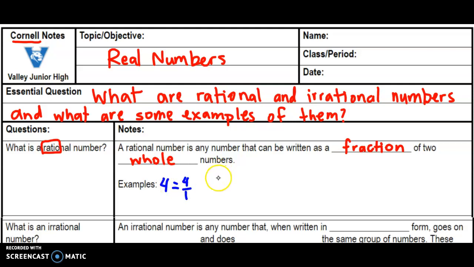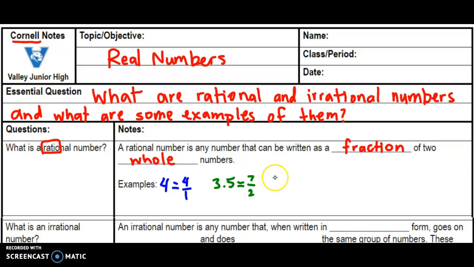Or we have 3.5, a decimal that terminates, which can be written as 7 over 2, so 3.5 is rational.